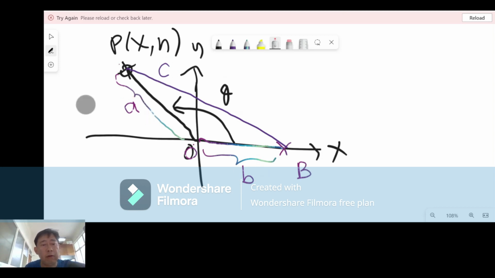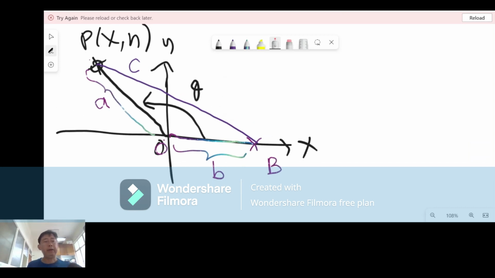Now, how do you do that? You do that by dropping down the point P onto the x-axis, here. I call this P prime, where P prime is a point on the x-axis that is dropped down from the point P. So the coordinate of this point P prime is actually the value of x.